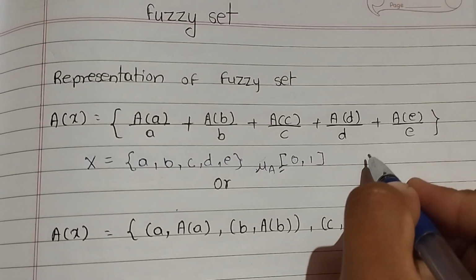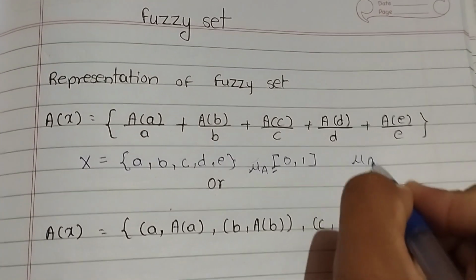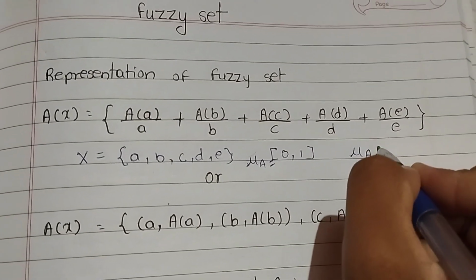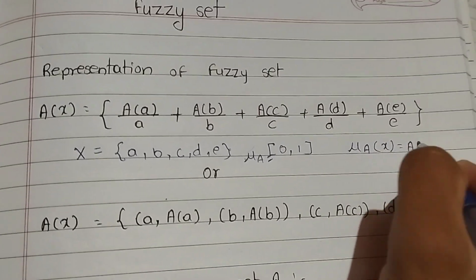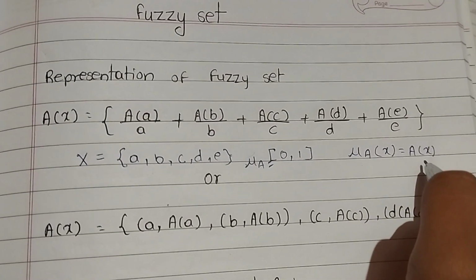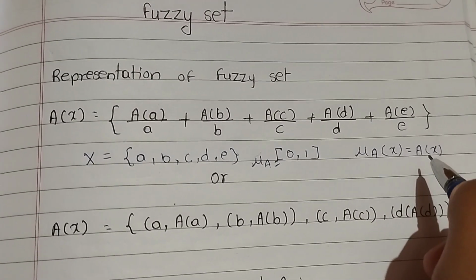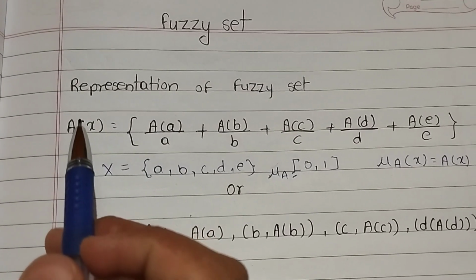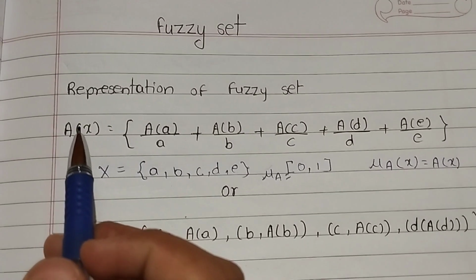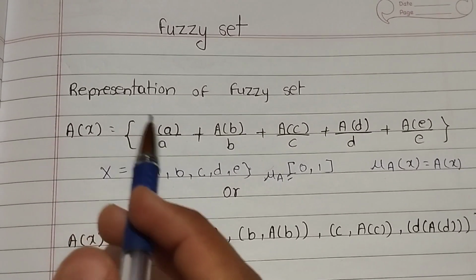So mu of A of x or A of x is called membership function. So this A of x is called the membership function, or we say that this is the fuzzy set.